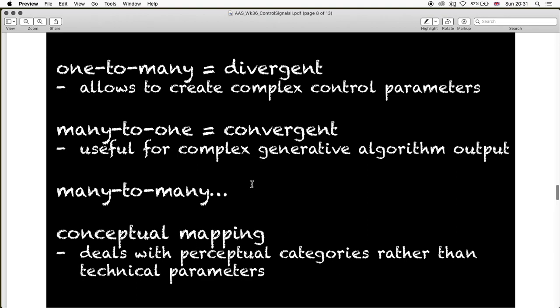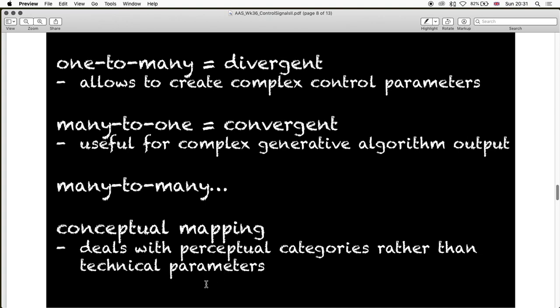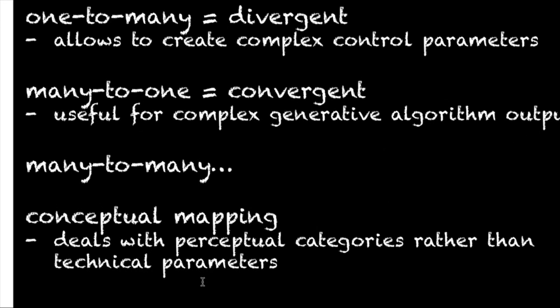So while we are dealing with parameters that are defined by the affordance of a synth, of a generative algorithm range like this, these technical terms, we are not really getting to the next level, which is the level of conceptual mapping.